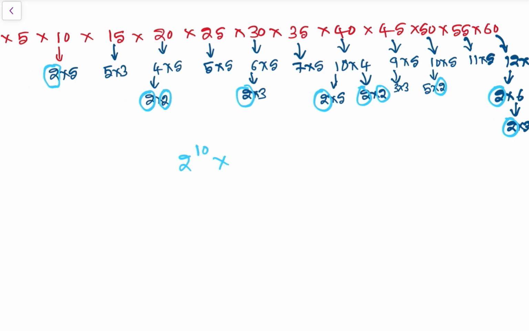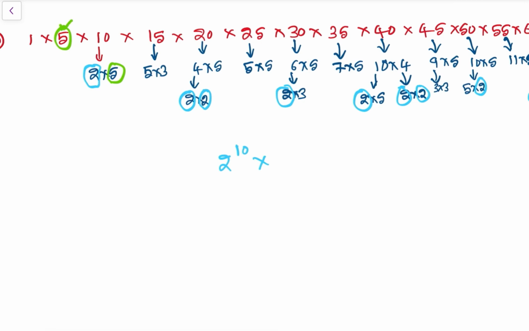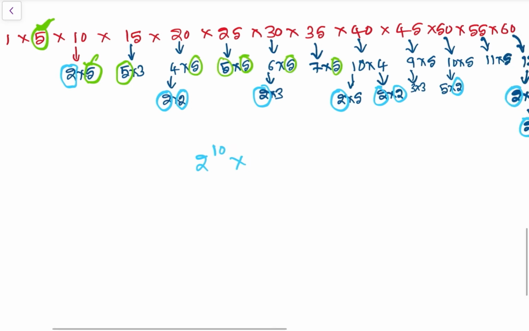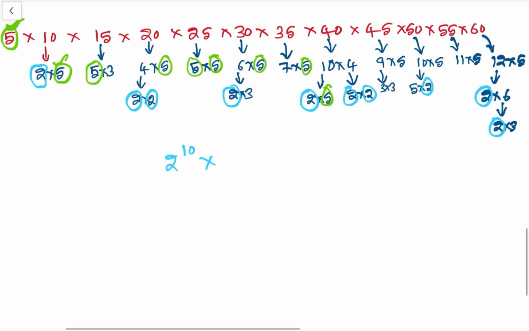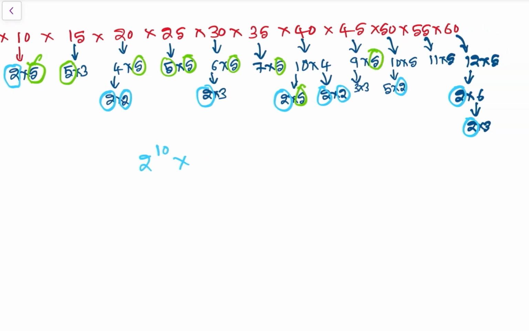So number of 5's are 1, 2, ये भी 5 है. So see this one, don't forget to count this one. 1, 2, 3, 4, 5, 6, 7, 8, 9, 10, 11, 12, 13, 14. So 5 to the power 14.